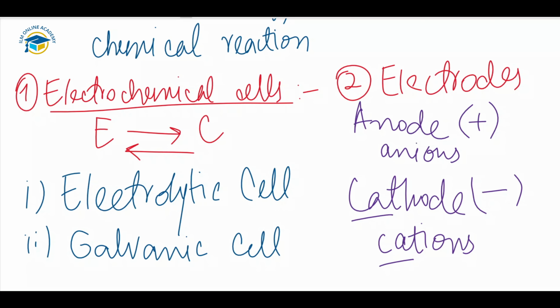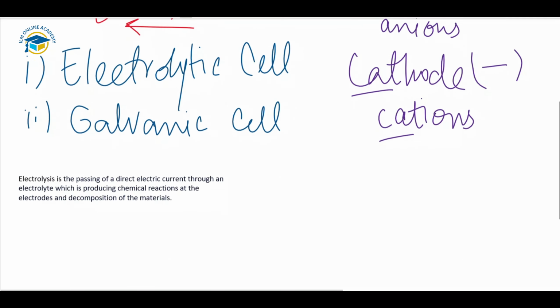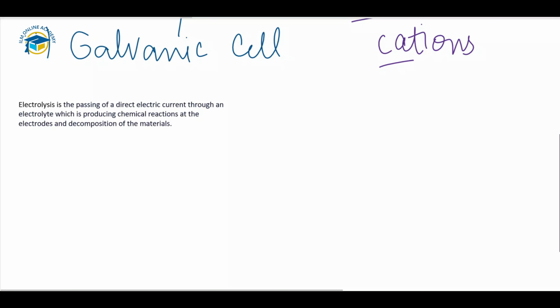Now we'll move towards electrolysis. This is the simple definition of electrolysis: the passing of a direct current through an electrolyte, producing chemical reactions at the electrodes and decomposition of materials. We have read earlier about the cathodes and anodes, which are the electrodes. In electrolysis, an electric current is passed through an electrolyte.